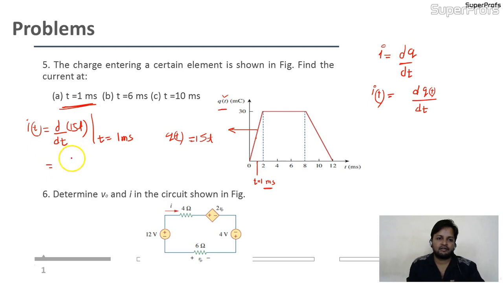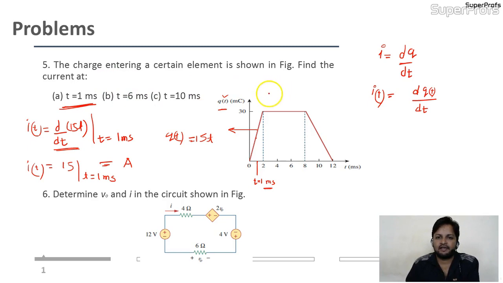When you differentiate 15t with respect to t, you will get 15. This 15 is nothing but the value of current at t equal to 1 millisecond, and the unit of i(t) is the ampere. Is it okay to you? Good.